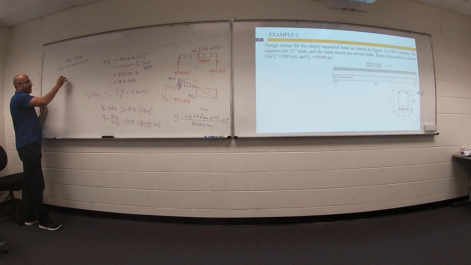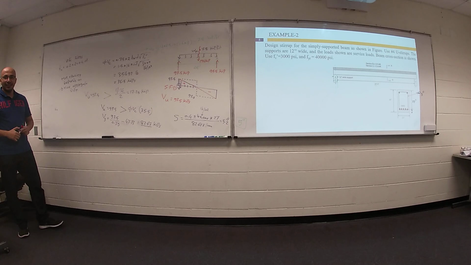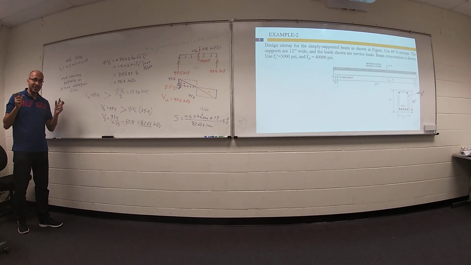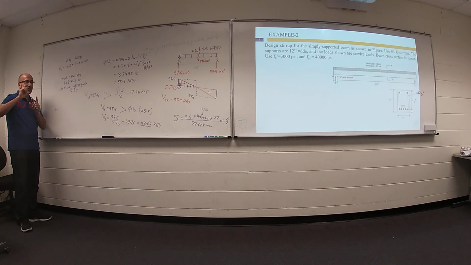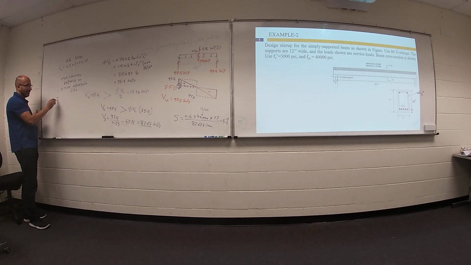Minimum spacing depends on something called maximum aggregate size. Do you know this expression? If you go back to your concrete mix design, you have gravel, sand, cement, and water.